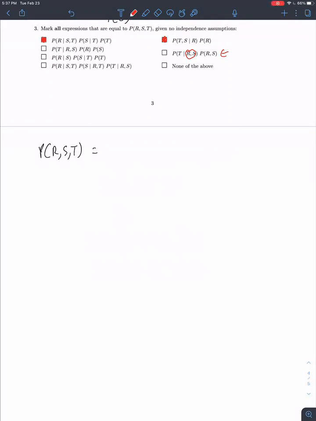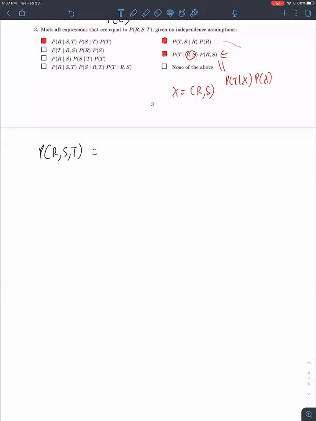To make it easier, you can define X as the vector where the first element is R and the second element is S, and then this is basically the same thing as probability of T given X times probability of X. So this is equal given no further independence assumptions. So we can check that. Then none of the above? Well, we've already found some things that are equal, so it can't be none of the above.